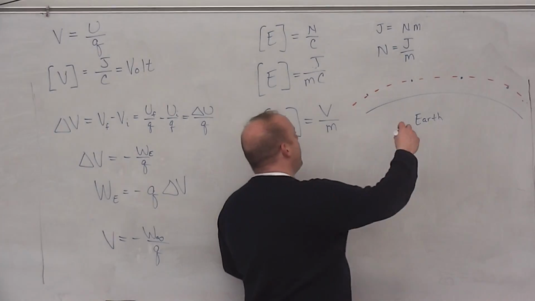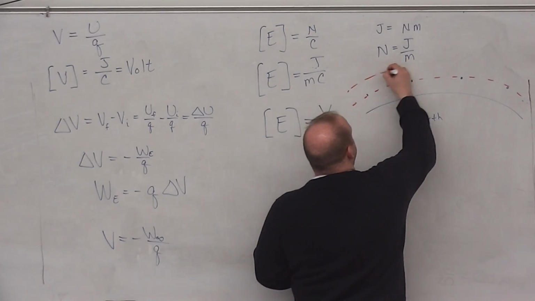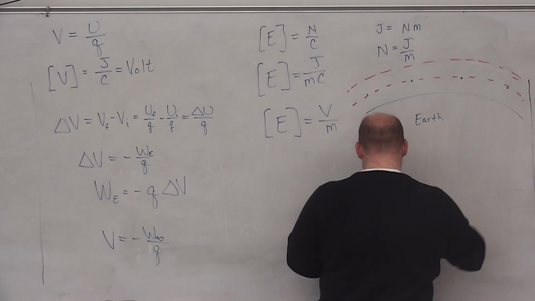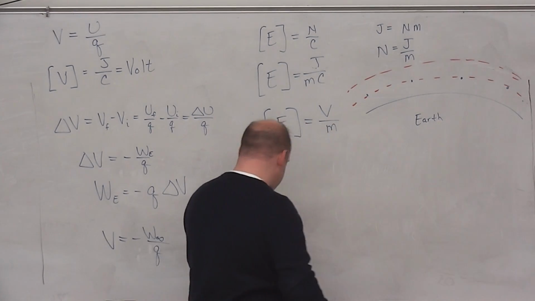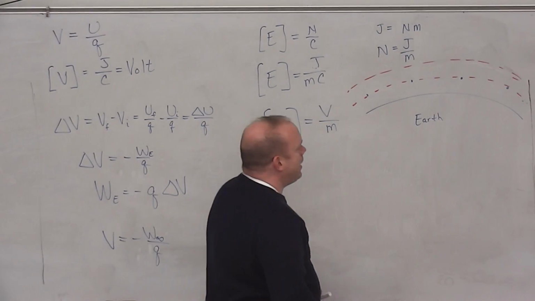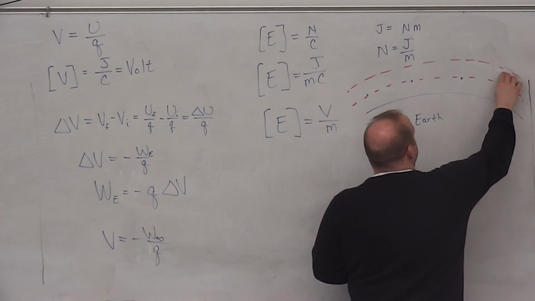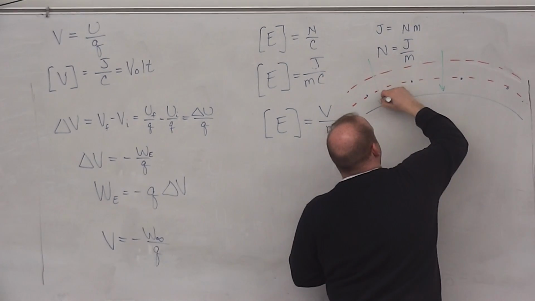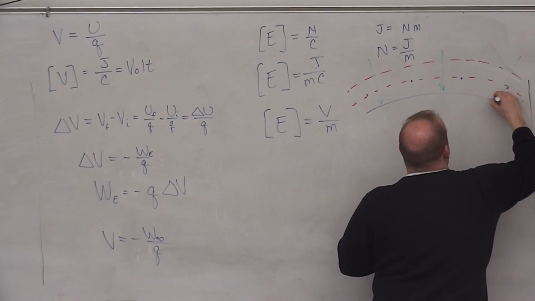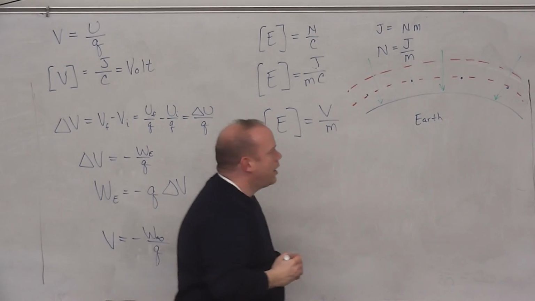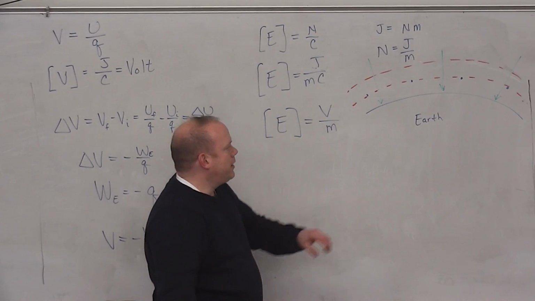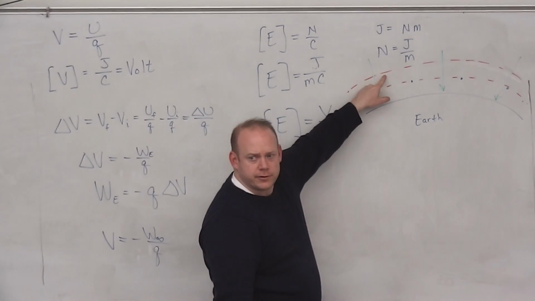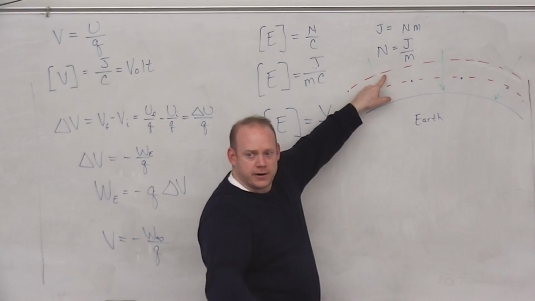If I go a little bit higher, anywhere along here, it's going to have the same amount of potential energy. Now think about this. Which way does gravity act? The gravitational field acts inward. Note the angle between the gravitational field and the equipotential surfaces. Put it at 90 degrees.